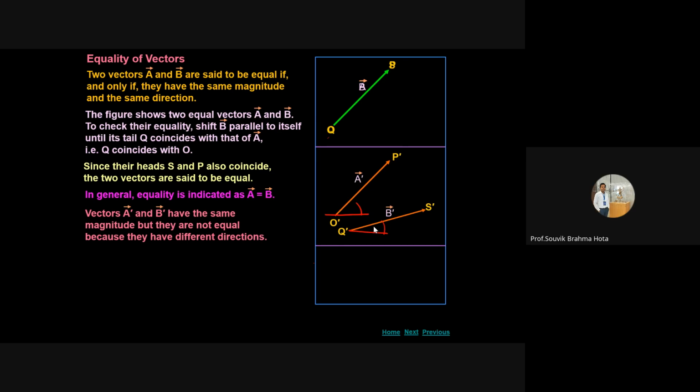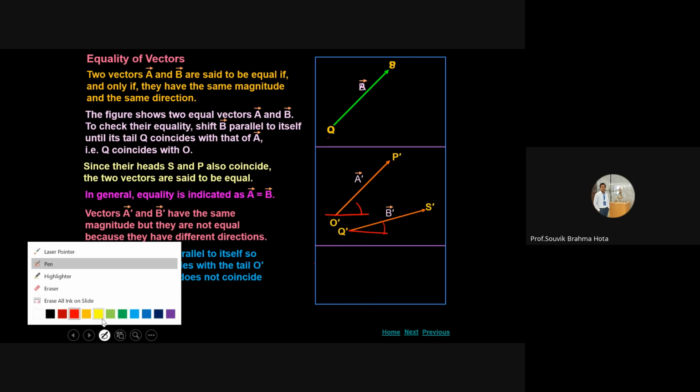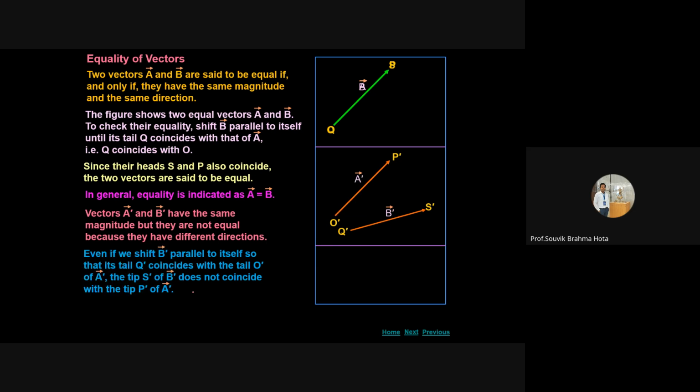So the angles of inclination with the x axis are different. Even if we shift B dash parallel to itself so its tail Q dash coincides with the tail O dash, the tip S dash, or head S dash, of B dash does not coincide with the tip P dash of A dash. You can check, it is not coinciding.